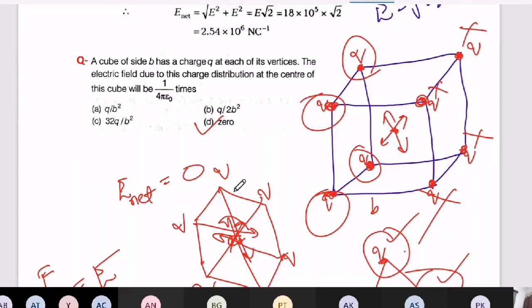So when you consider one corner at the bottom on one side, there will be one corner on the roof that is diametrically opposite. You draw a diagonal. Diagonal means you have to join one point, like here I am showing. I don't know whether you are able to see that.